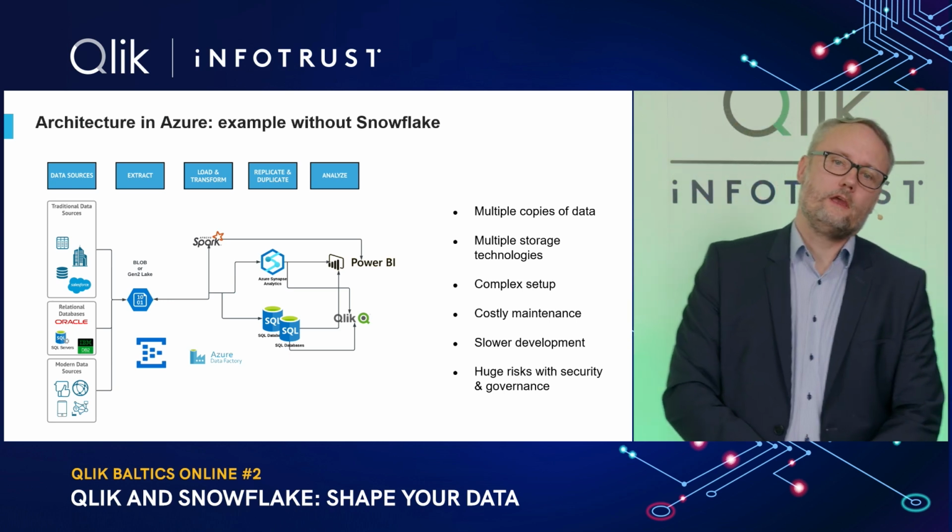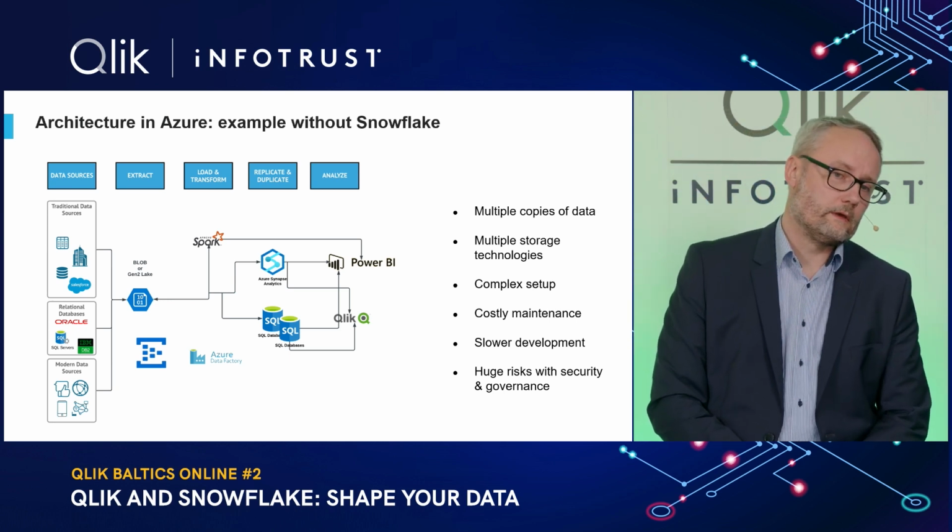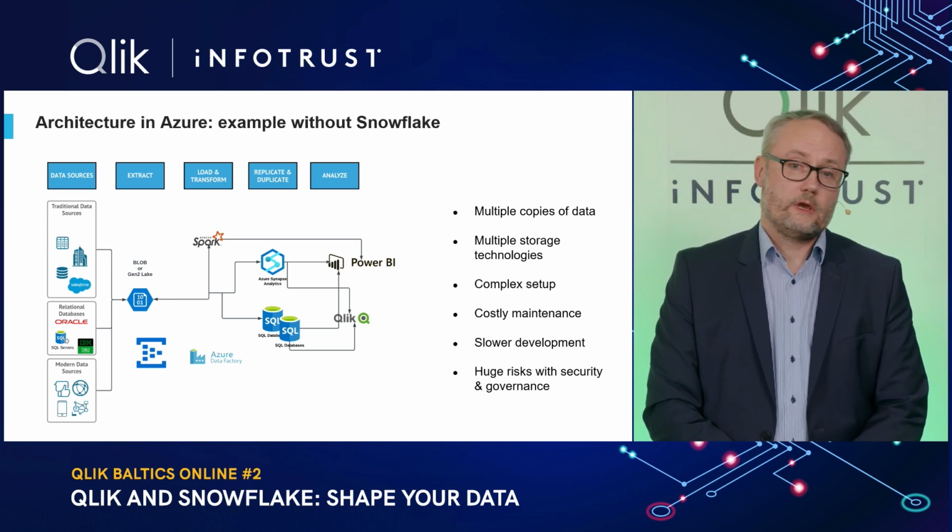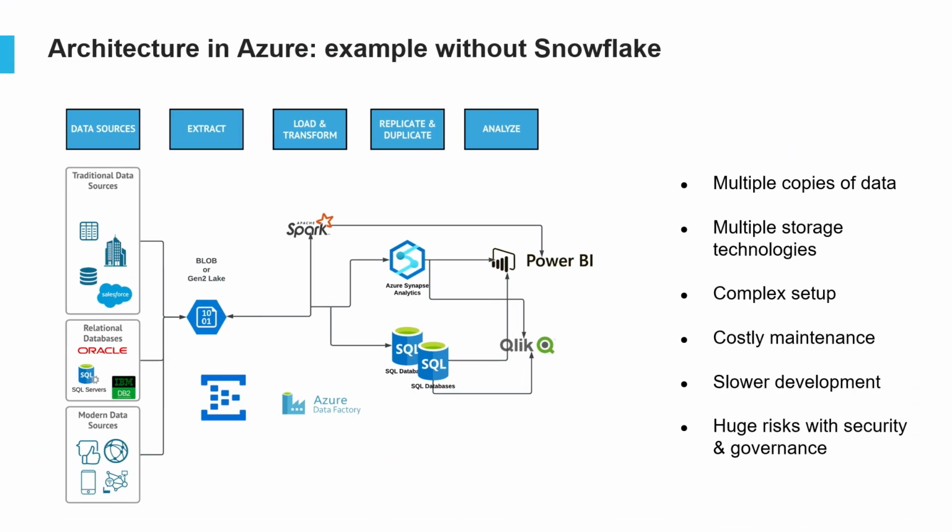Architecture in Azure without Snowflake. That's actually how it looks in our cases as well. So we have SQL databases, we have blob storage, and when all those scenarios that we were discussing in the previous slide start to ask for the data, you start to provide them different views.